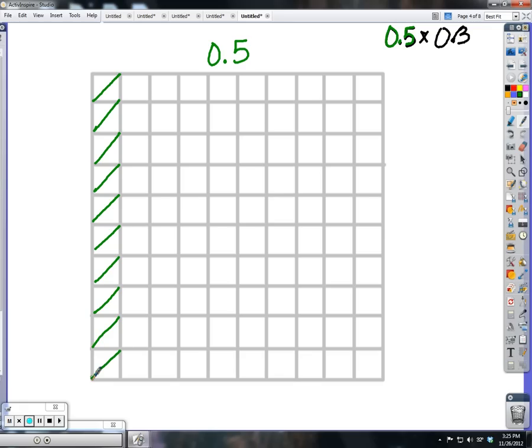So right now I have 10/100ths, which is the same as 1/10. So there's 1/10 marked off. Now I'm going to continue. So this would be 2/10 of the grid marked off.